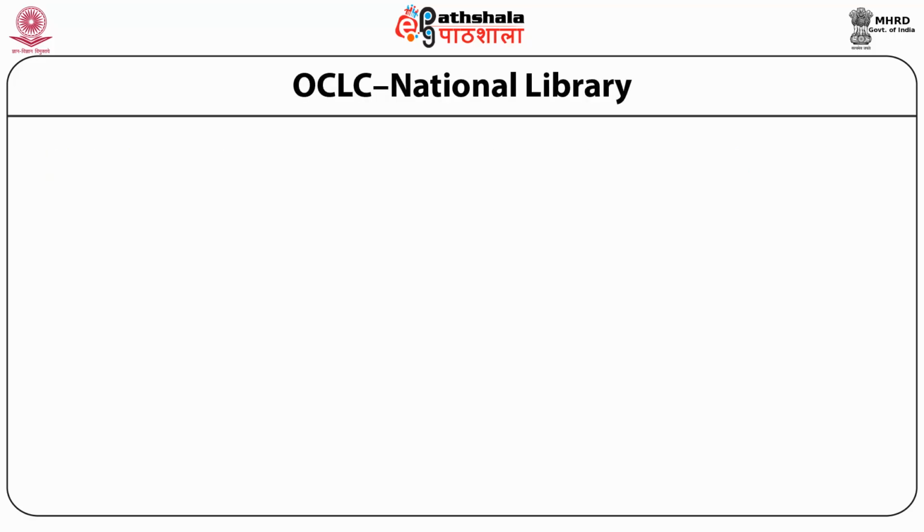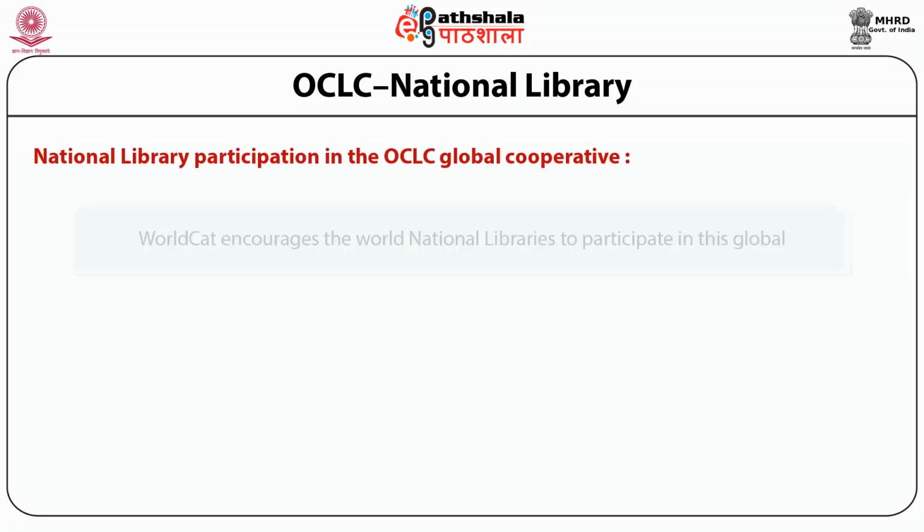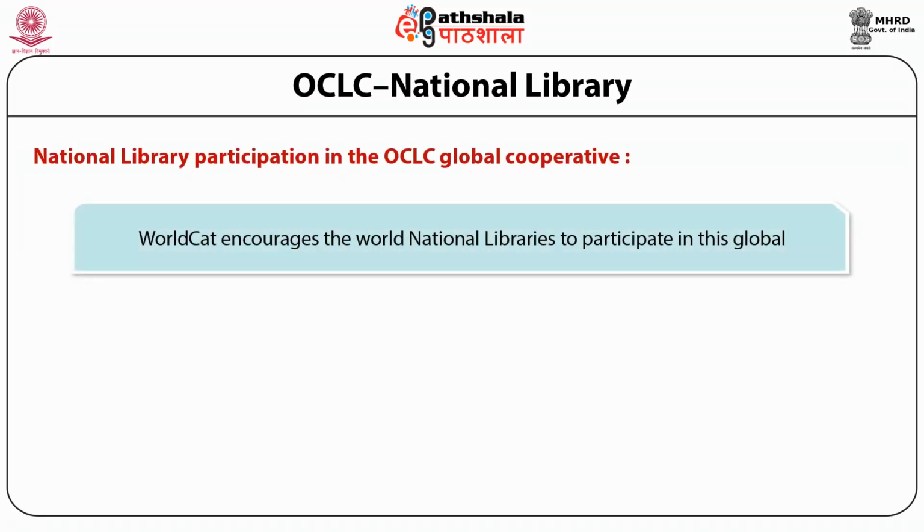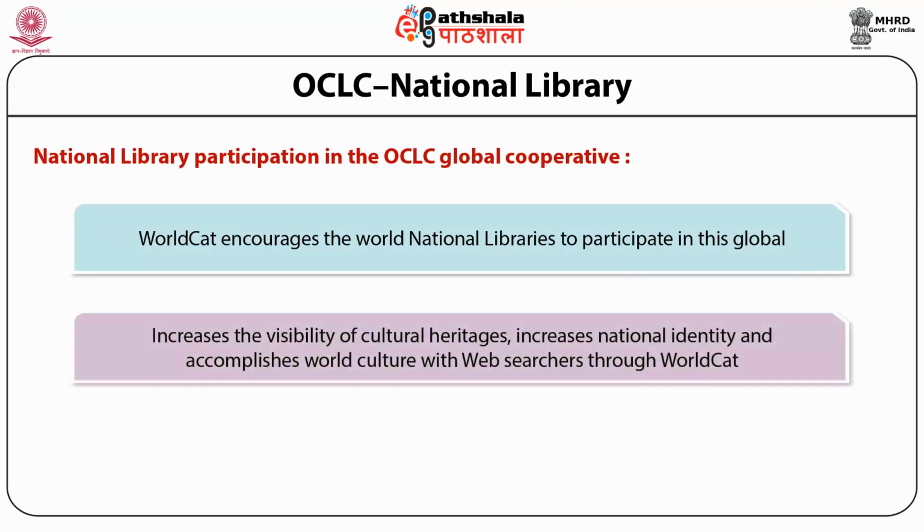OCLC National Library. National library participation in the OCLC global cooperative is very important, and a number of national libraries are participating in that. WorldCat encourages the world's national libraries to participate in this global initiative. It helps in increasing the visibility of cultural heritage. It also increases national identity and promotes world culture with web searches through WorldCat.